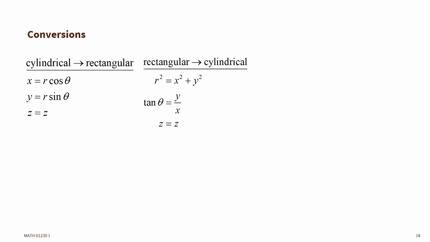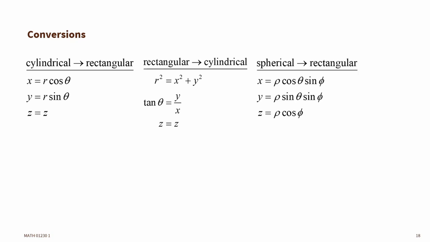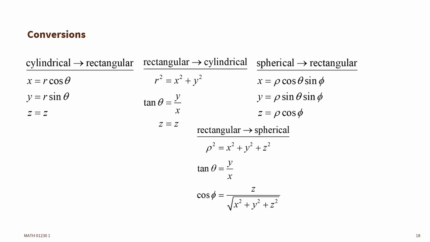And those should require no derivation because they were derived in Calc 2 with polar. You have 6 relations for spherical and rectangular. There's your 3 from spherical to rectangular, and there's your 3 from rectangular to spherical. And these, I believe, are derived in the video.